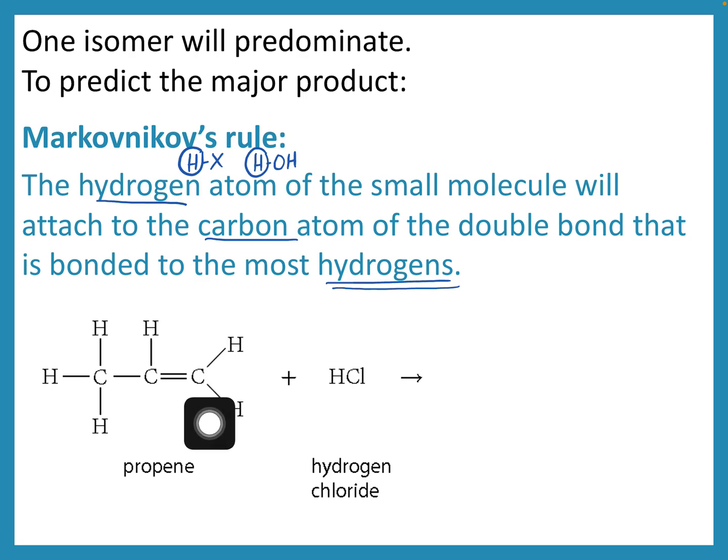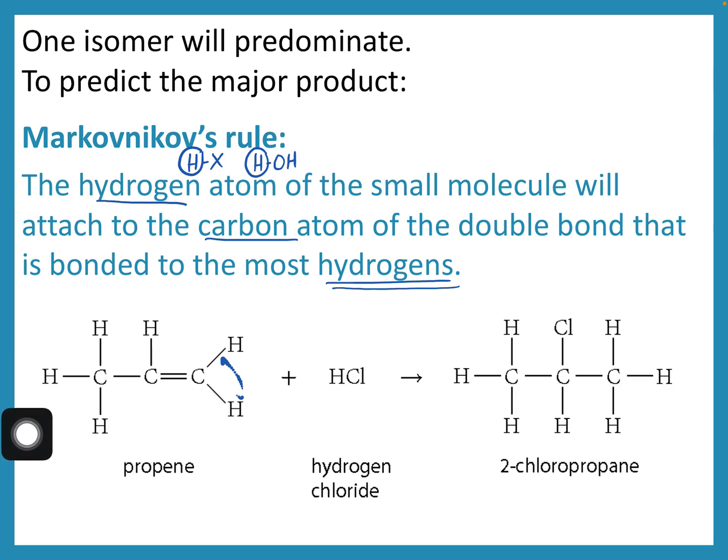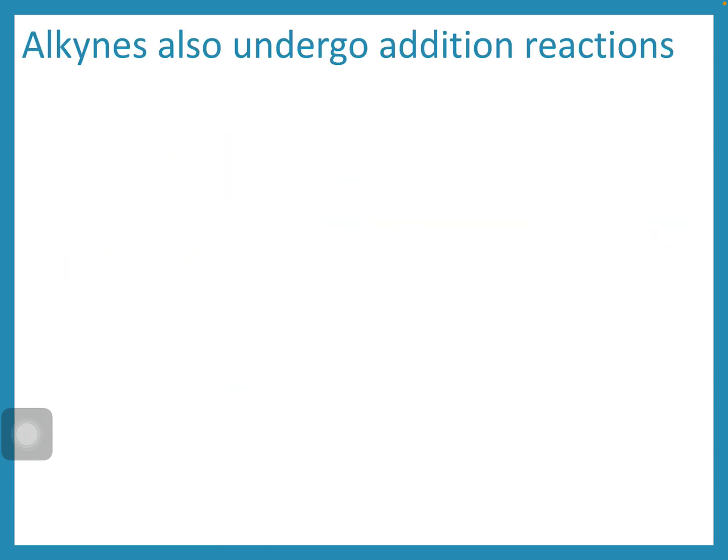This one is attached to 2. So Markovnikov's rule says that the hydrogen from here is going to attach to this carbon because it has more hydrogens. And then the chlorine is going to attach to that carbon over there. So 2-chloropropane is going to be the major product. We would have had some where the chlorine attached to here and the hydrogen attached to here. That would have been 1-chloropropane, and that would be the minor product.